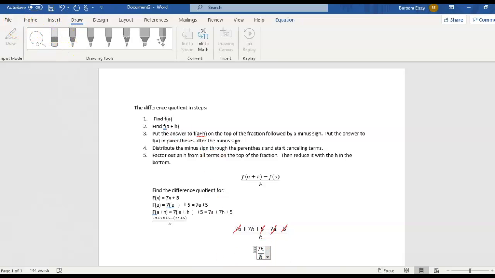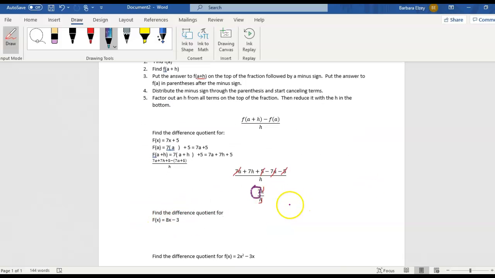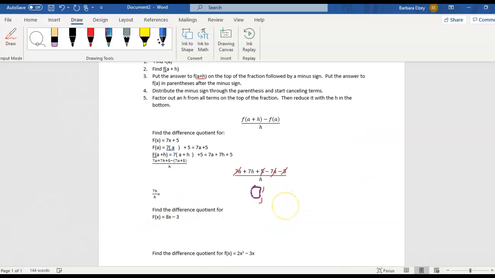Well, it's not allowing me. Oh, I see why. All right. So cancel the h with the h. And let's notice that what's left is our answer. Our answer is this 7. So the answer to this difference quotient is 7.